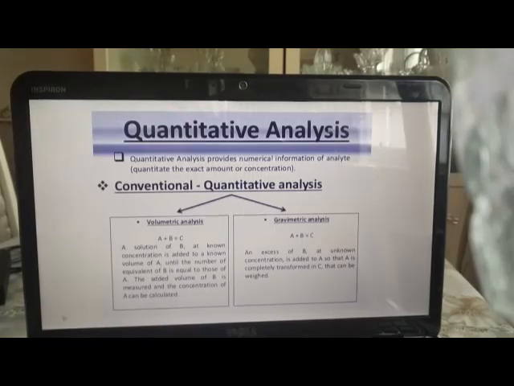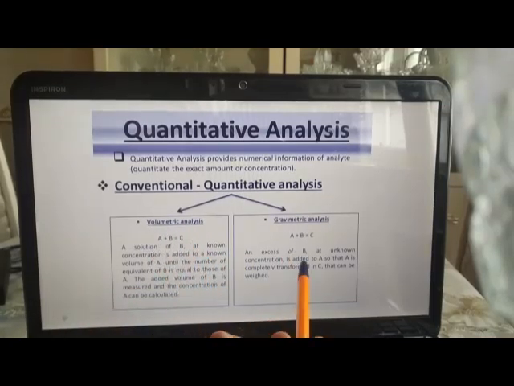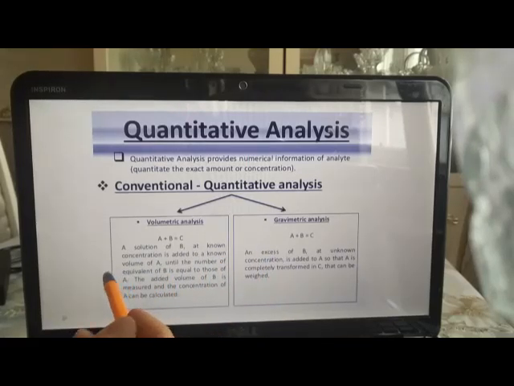Quantitative analysis is divided into two parts, as we see from the table. The first is volumetric analysis. The second is gravimetric analysis. It is chemical analysis. In the volumetric analysis, a solution of B at known concentration is added to a known volume of A until the number of equivalents of B is equal to that of A. The added volume of B is measured and the concentration of A can be calculated.